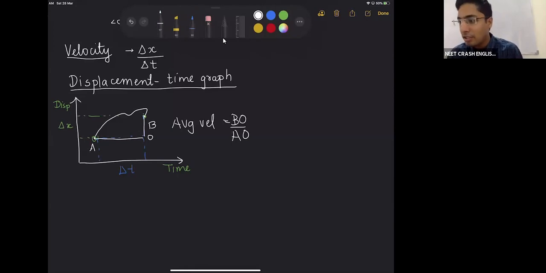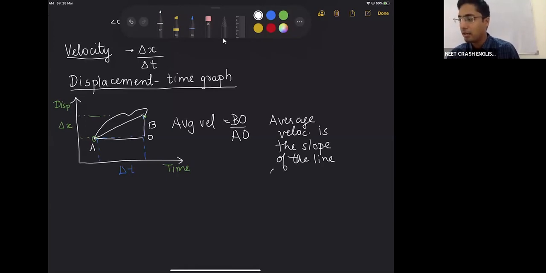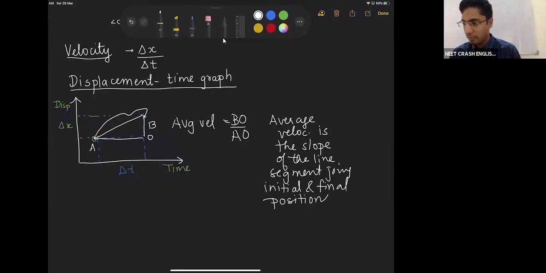So the average velocity is the slope of the line segment joining the initial and final positions. That is what we call the average velocity.